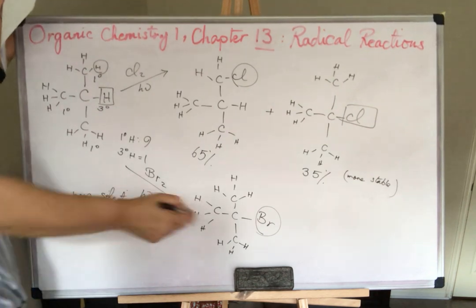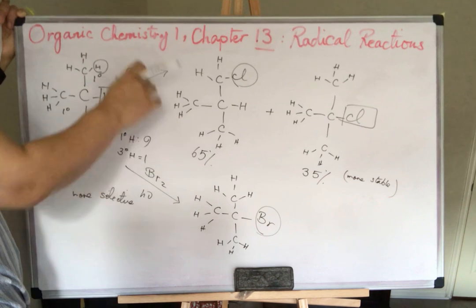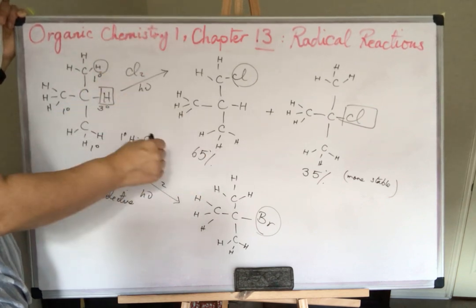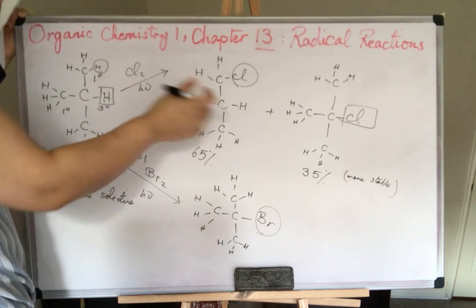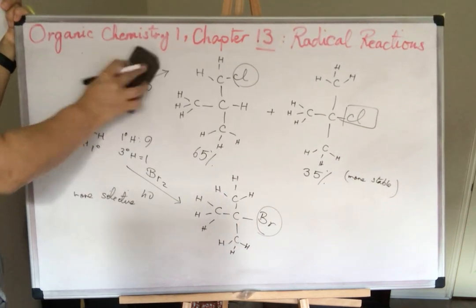So if you're aiming to have the more stable only, most of the product this, you will use bromine. If you don't mind having the mixture of products, you can also use chlorine.